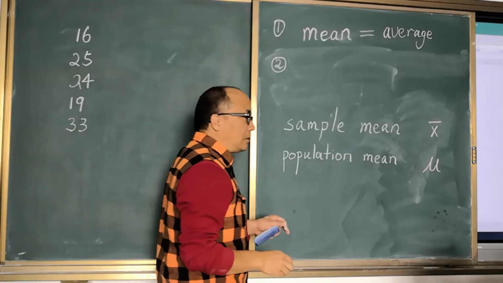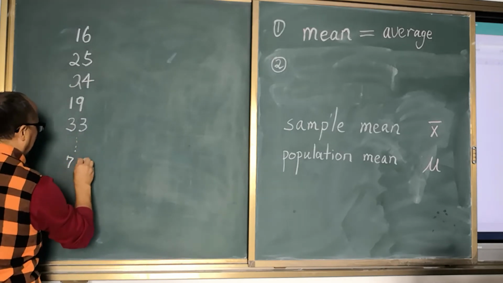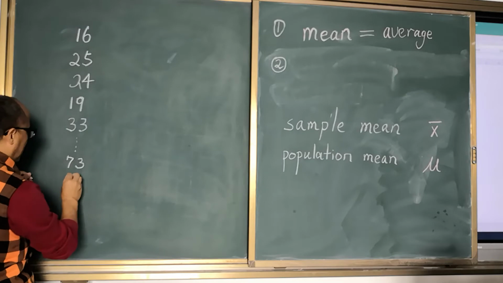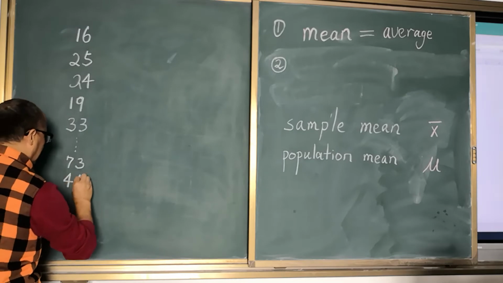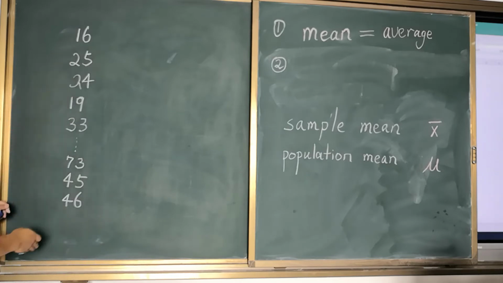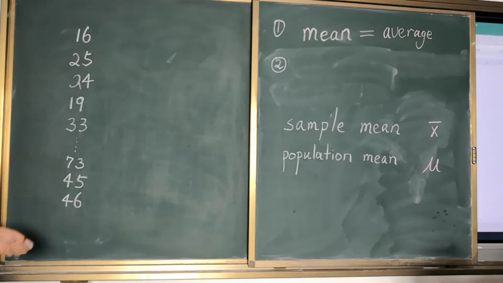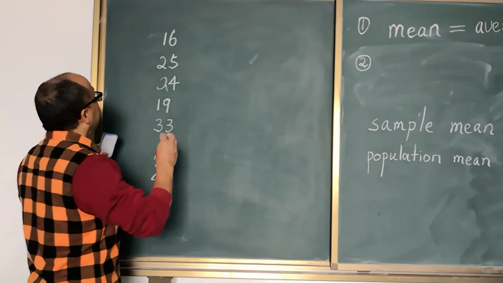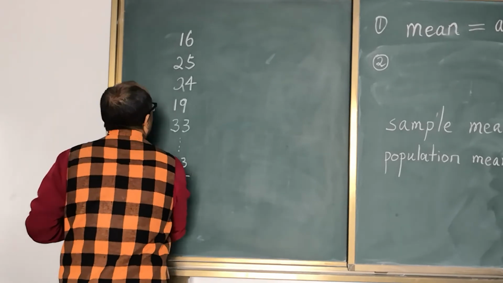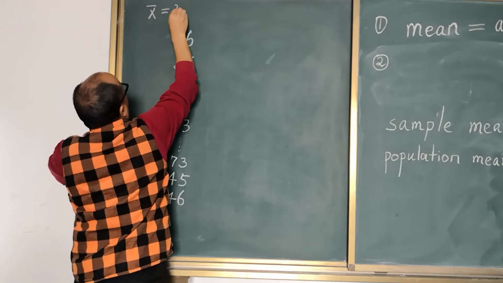We use some large numbers. Give me some large number. 73, I remember. 45. Okay, 46. Oh, we have all these numbers. And the average, make it easy, is 35.